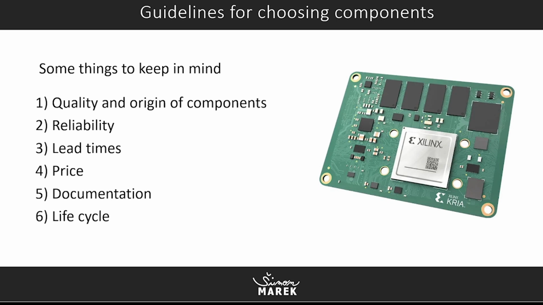And as the quantity goes up, the price goes down for one piece of components, if you know what I mean. There is documentation. The documentation should be very detailed, precise, intuitive, and also simple and understandable for your engineers.